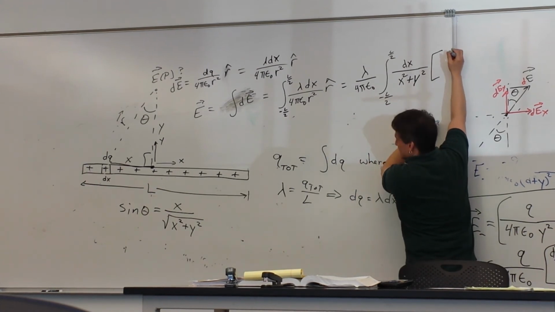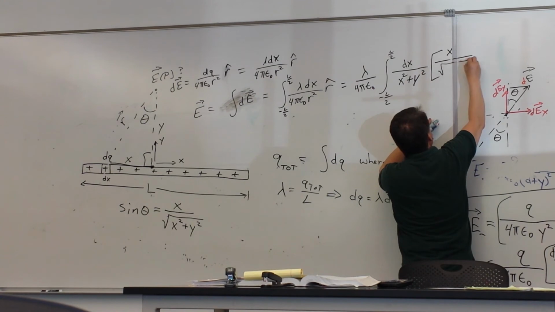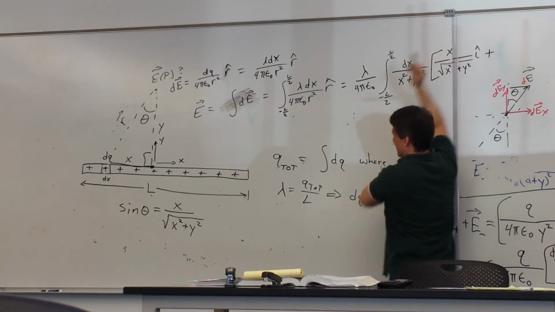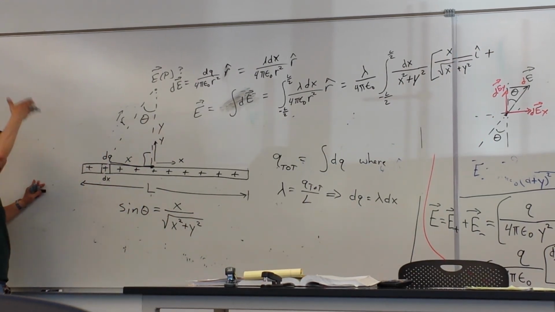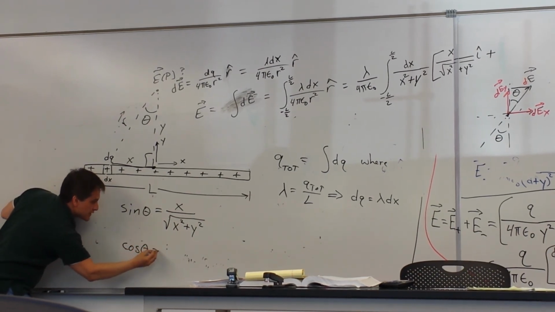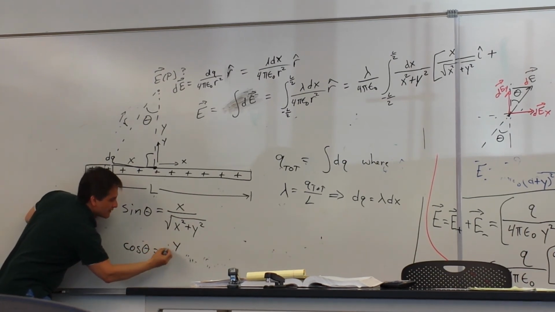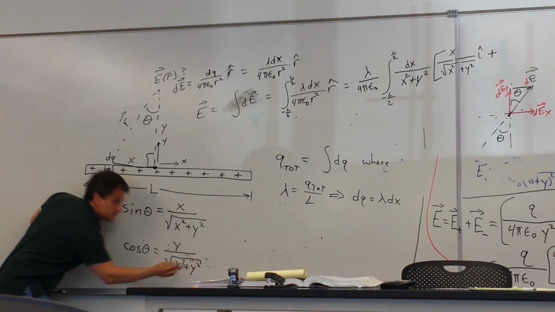So I could write this as x over the square root of x squared plus y squared. That would be in the i direction. To figure out the y or the j direction, I just use the complementary trig function, which would be y divided by the square root of x squared plus y squared.